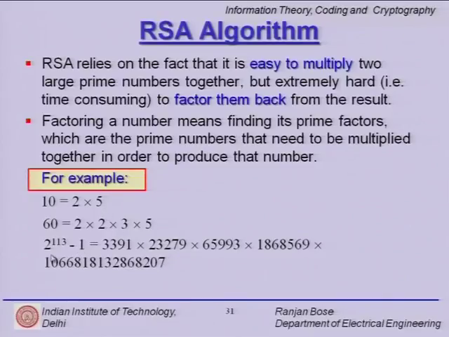I can multiply them and get this big number, but given this huge number, getting the factors is a hard task. In fact, some of the efficient computers are tested for speed by giving them difficult, large numbers to be factorized and to check whether they are prime numbers.